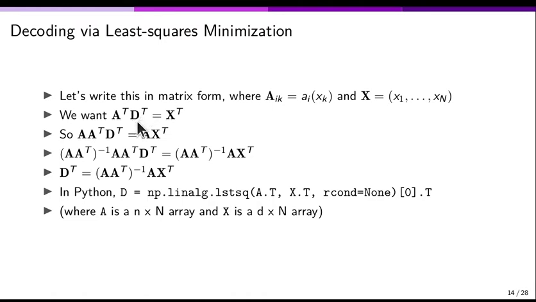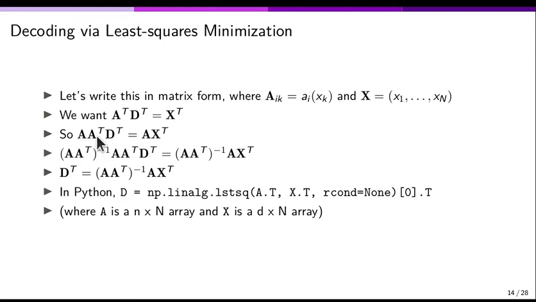I can't just divide both sides of this by A transpose. Matrices don't work like that. But what I can do is multiply both sides of this by A. I get A on both sides. Now over here I have AA transpose. That's a matrix that should have an inverse, assuming things are well behaved. We'll deal with that in a moment.